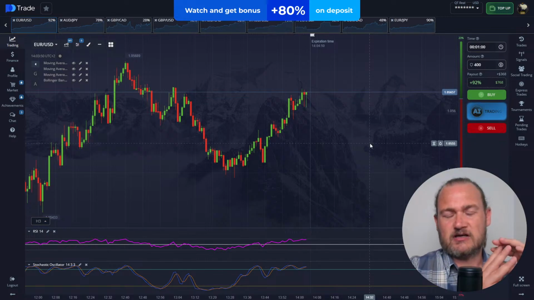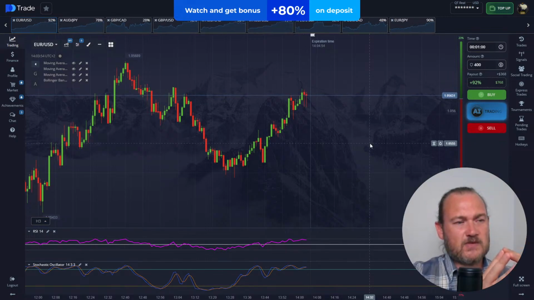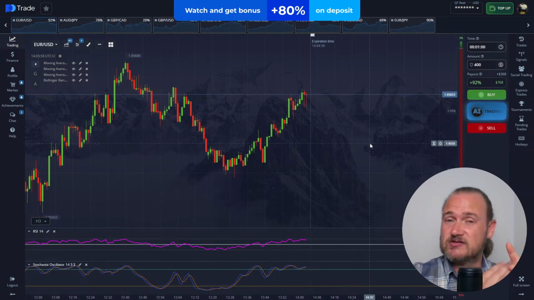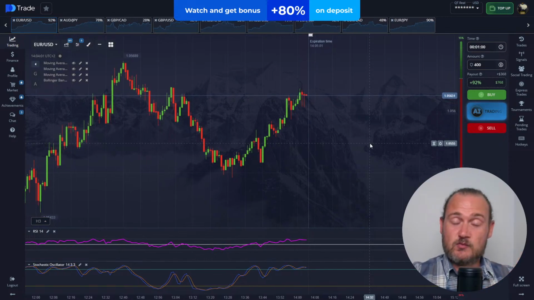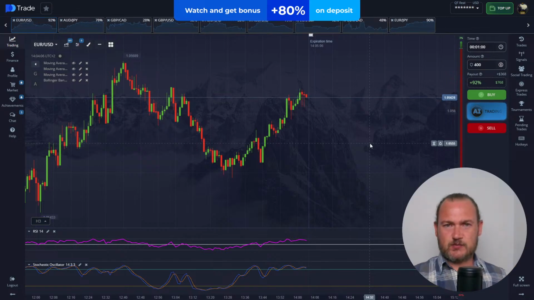Okay, there are 4 kinds of divergence, and technically it's 2 kinds of divergence and 2 kinds of convergence. What do we mean when we say divergence and convergence? It's a very simple concept.